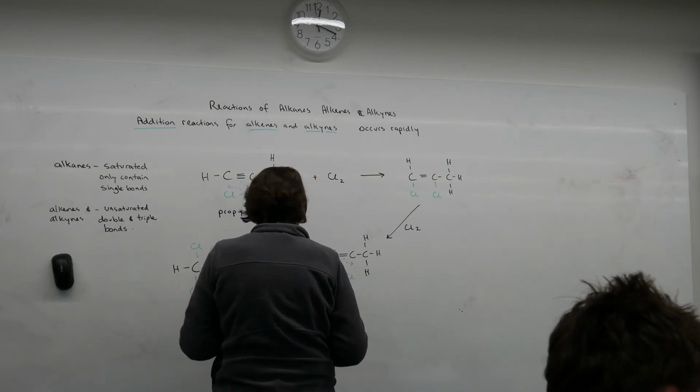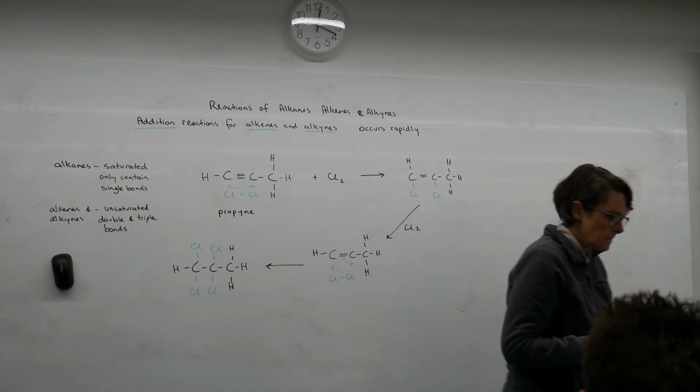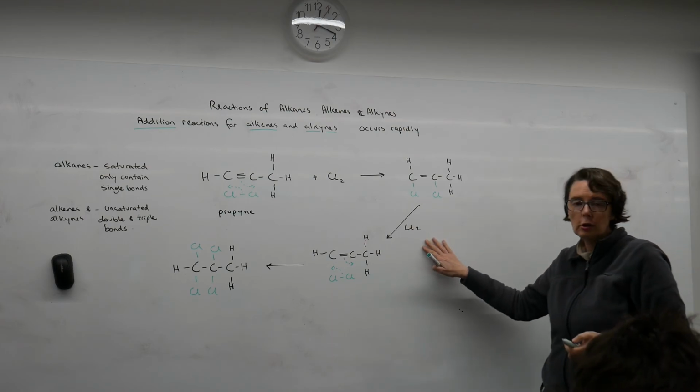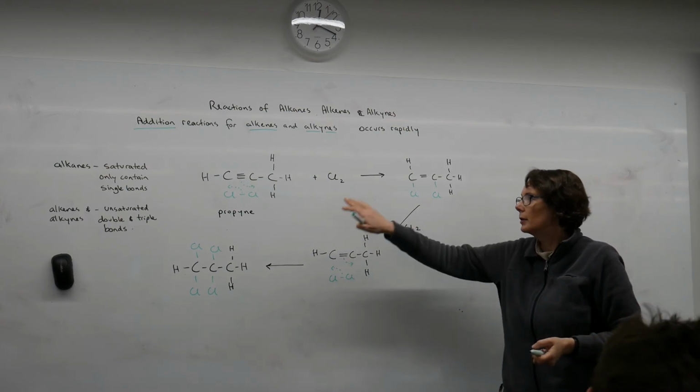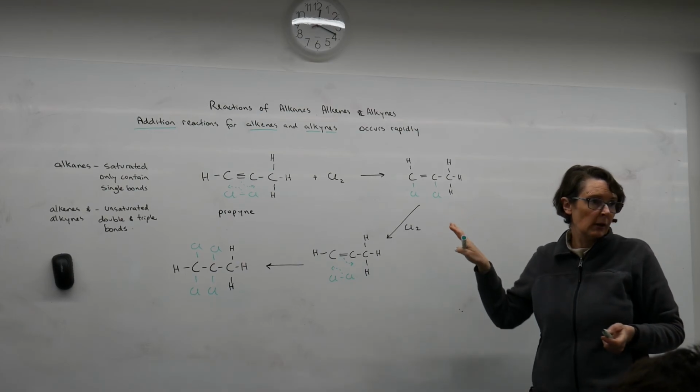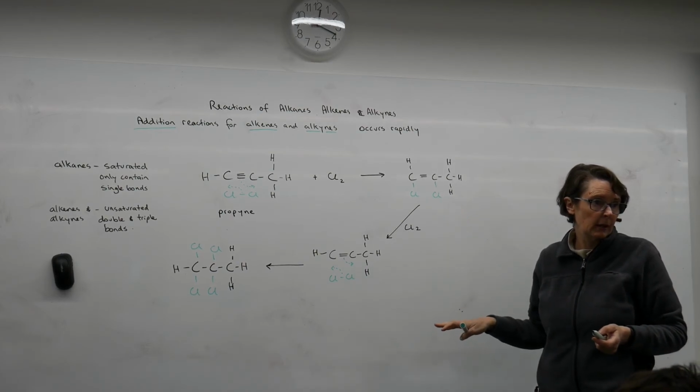So you've made your final product, it's now saturated. Yeah, it's saturated, it's gone, because if there's still more chlorine around, then we know from our previous look at the alkenes that this reaction would proceed quite rapidly.